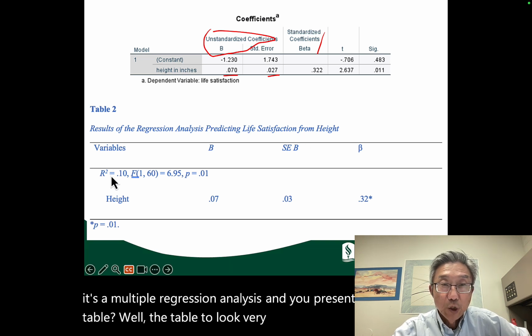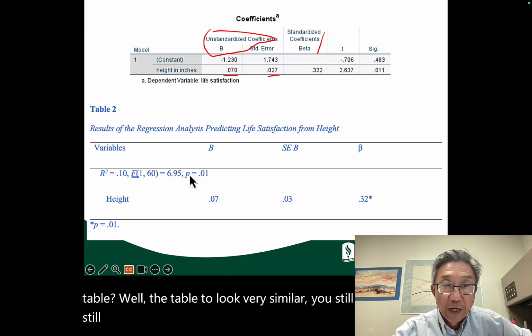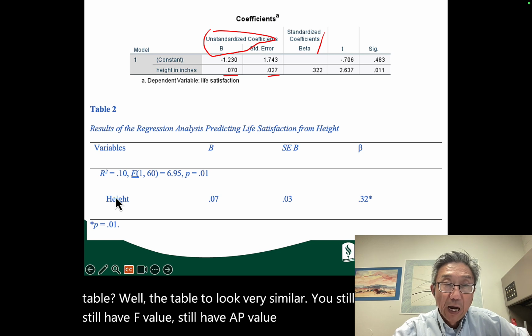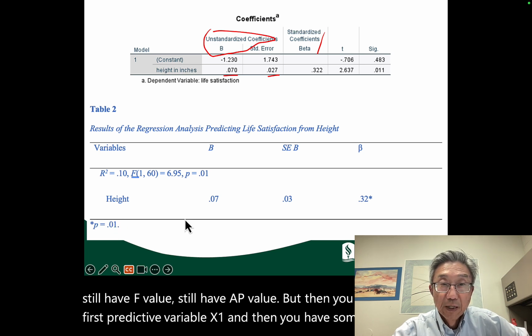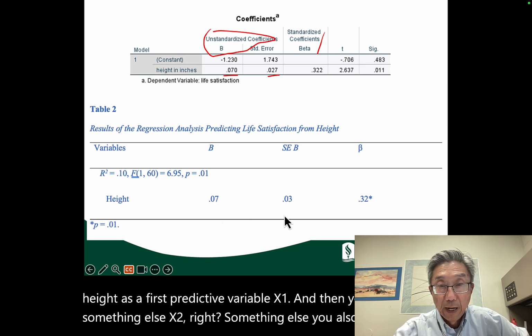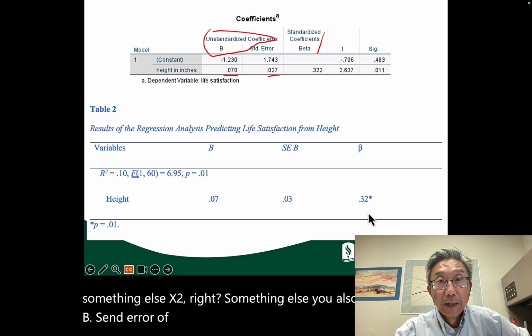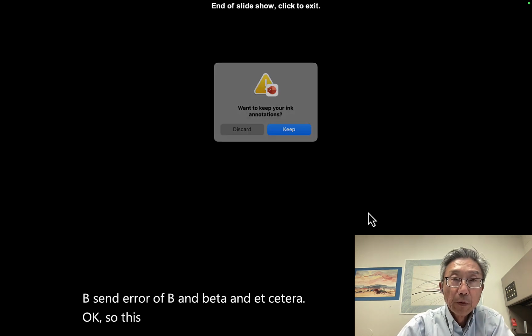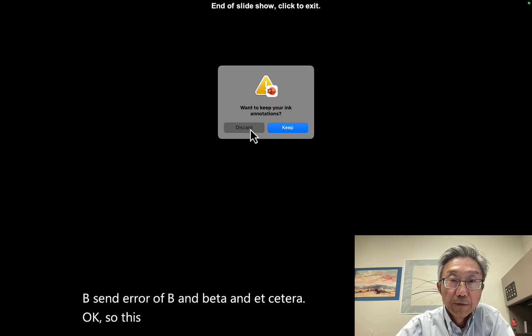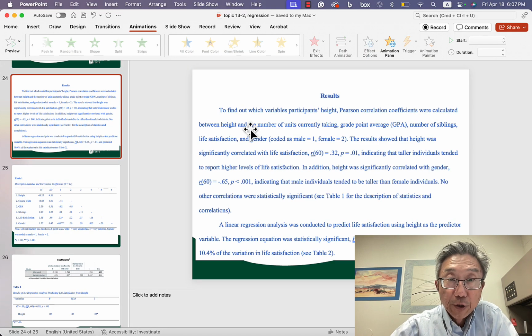You still have R squared, F value, and p value, but then you have height as the first predictive variable, x1, and then something else, x2. You also have B, standard error of B, and beta, etc. Okay, so this is how we would report the results of a regression analysis.